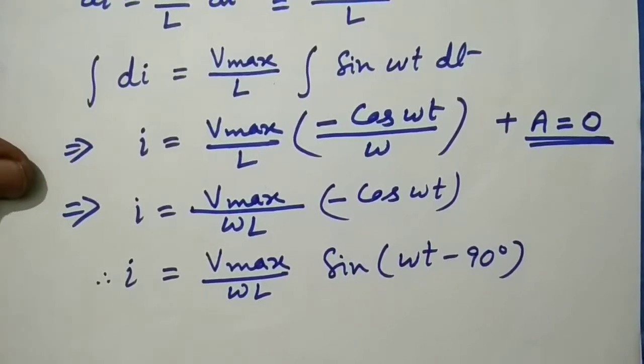As we can see, V max upon omega L is a constant value. Therefore, when the sine term is maximum, that is equal to 1, the value of the current will be maximum.